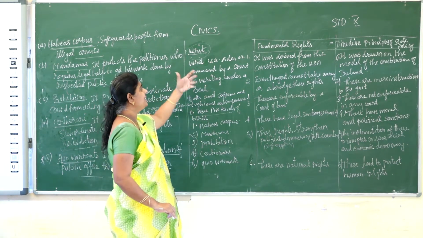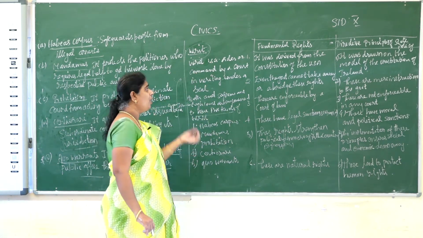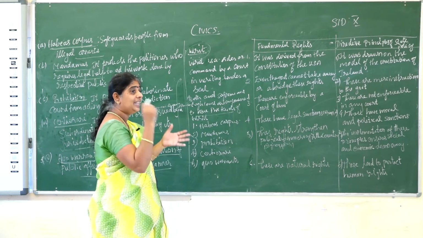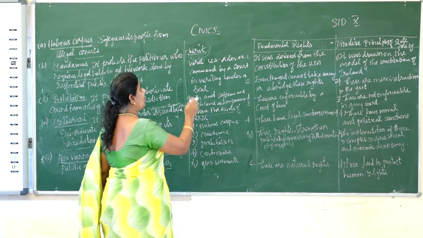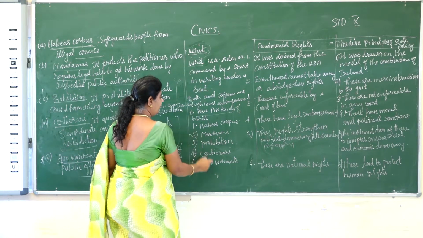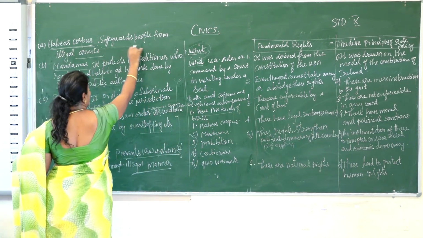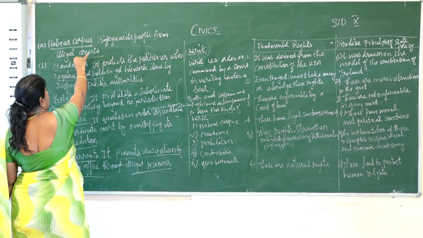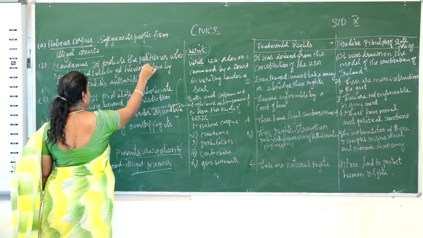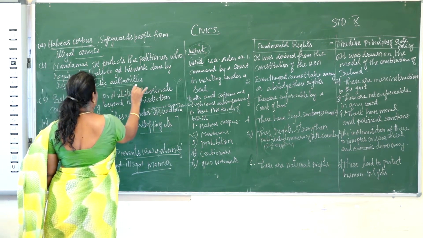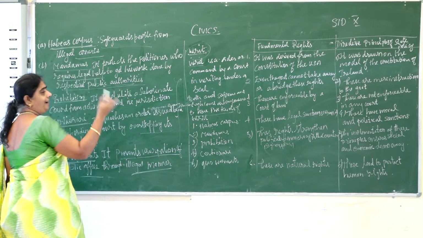What is a writ? A writ is nothing but an order or a command given by the court in written form under its seal. The writs are of 5 types. Habeas corpus safeguards people from illegal arrest. Mandamus protects petitioners to get help from the court for their work to be done by the public authorities.